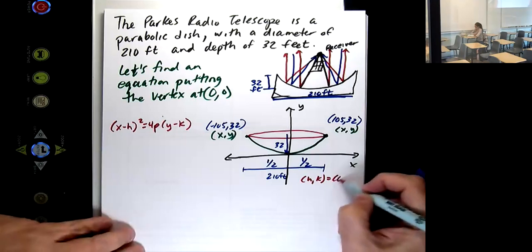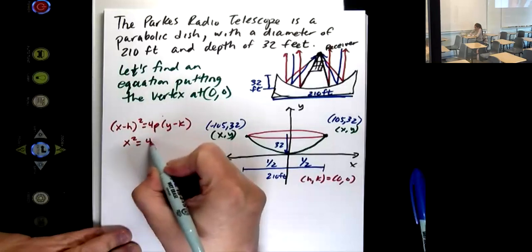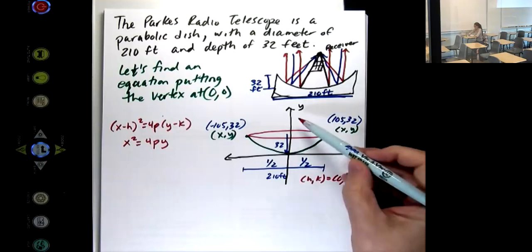Zero, zero. So this is really x squared equals 4py. I don't know where the focus is on this graph though.